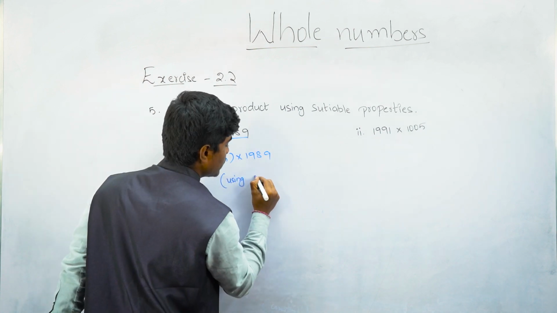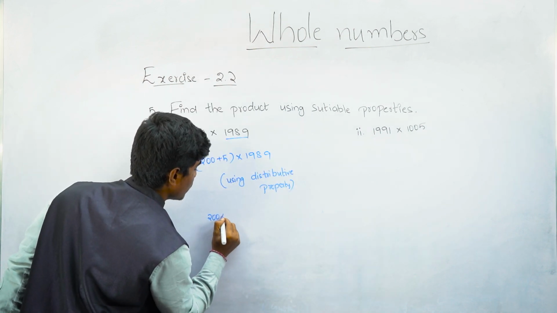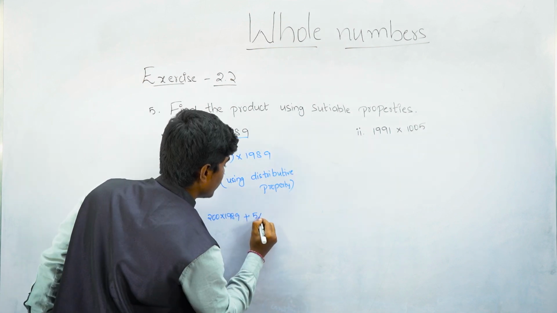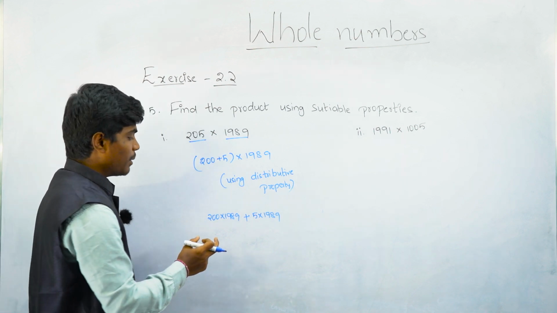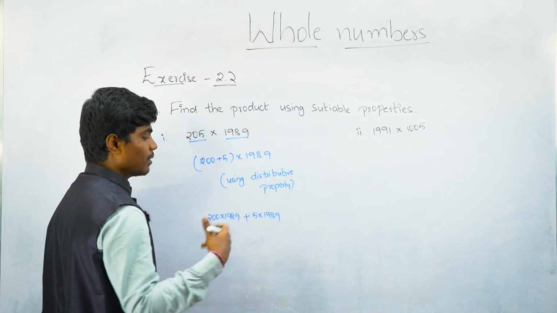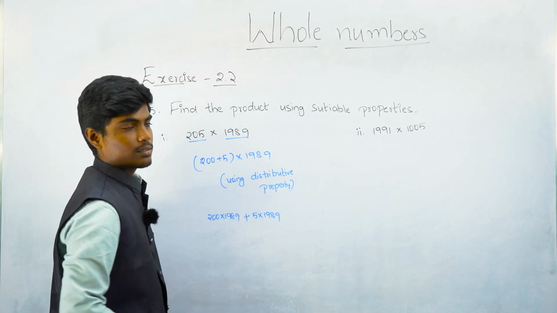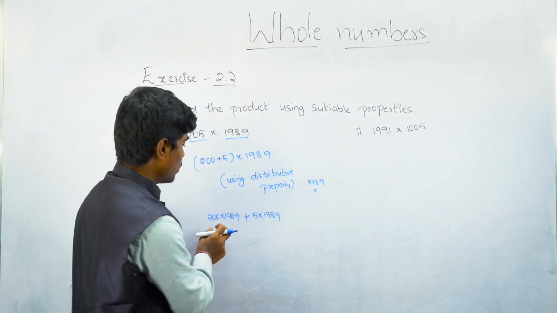Using distributive property, we can write it as 200 into 1989 plus 5 into 1989. First, let's find the product of the first two numbers and next we find the product of the second two numbers, and then we will add the results. First, 1989 into 200.